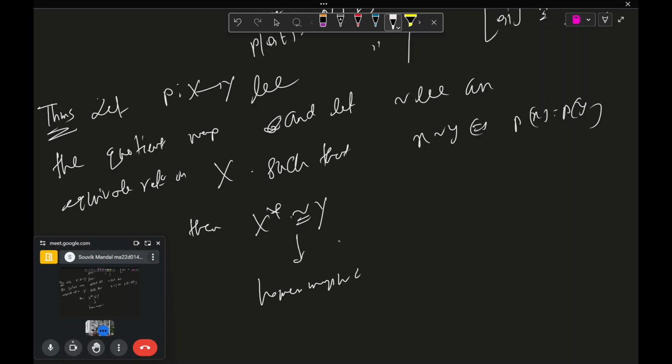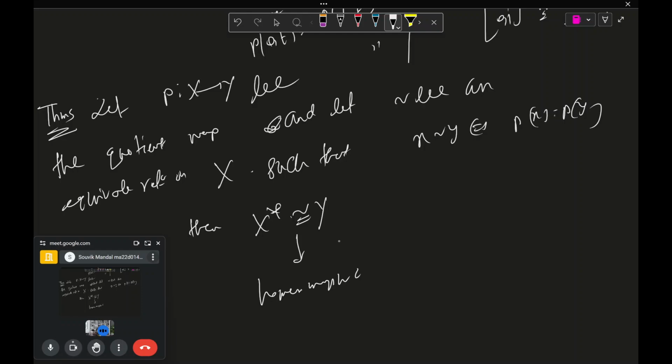So what is the thing? We have some quotient map from X to Y, and suppose there is an equivalence relation. In the torus case, what are the equivalence relations? (0,t) and (1,t) are identified for each t, and (s,0) and (s,1) are identified for each s.